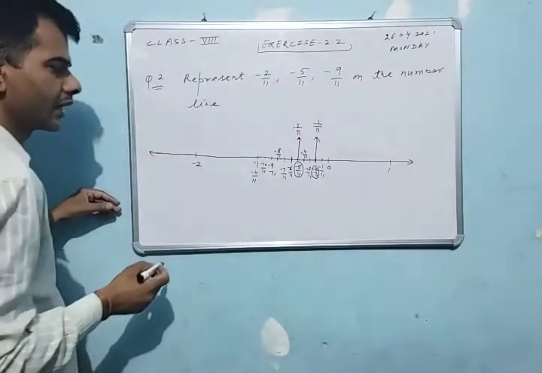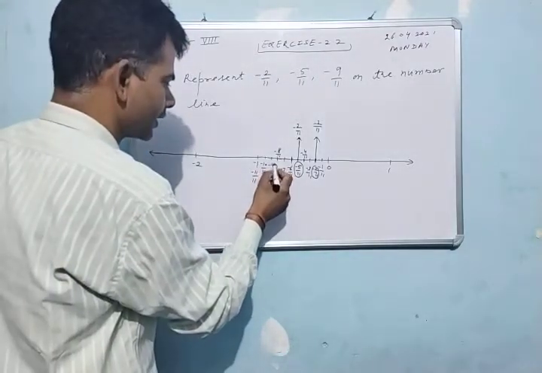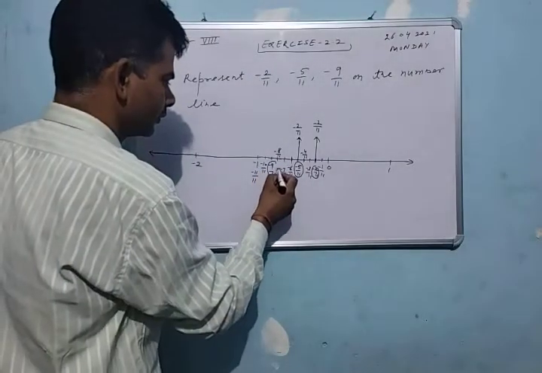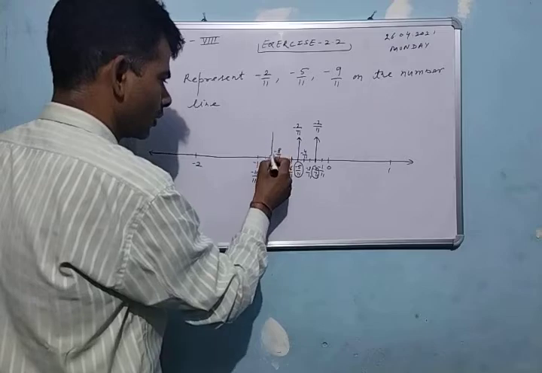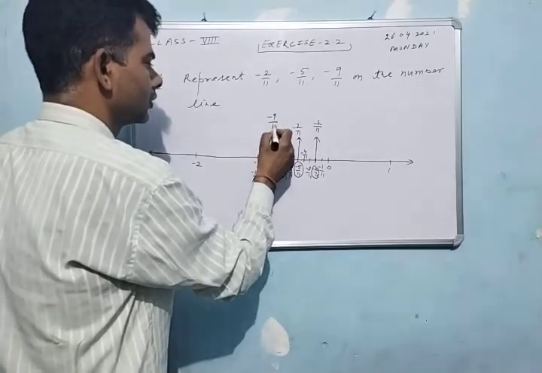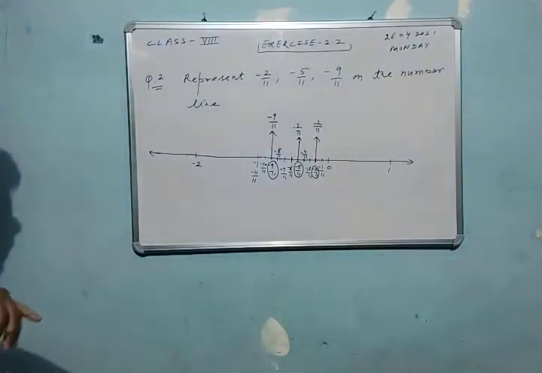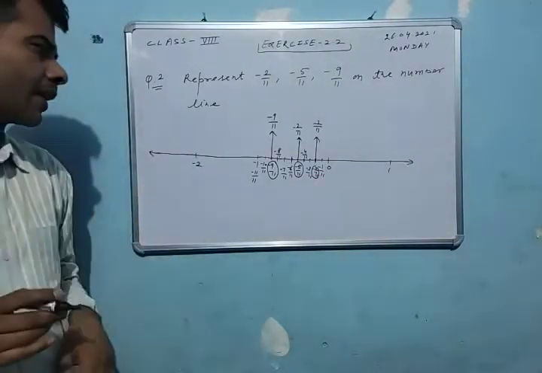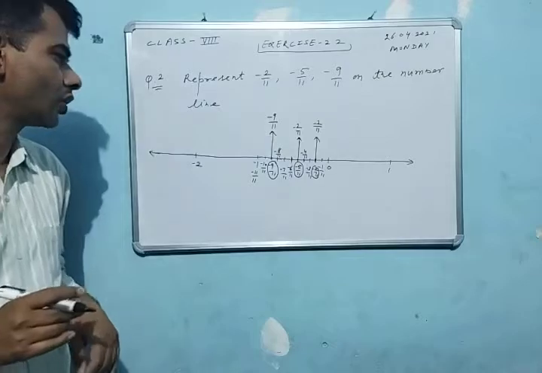Now students, minus 5 by 11, make an arrowhead and write minus 5 by 11. Now students, minus 9 by 11, make an arrowhead and write minus 9 by 11. Students, any doubt, any problems? Please note it down.